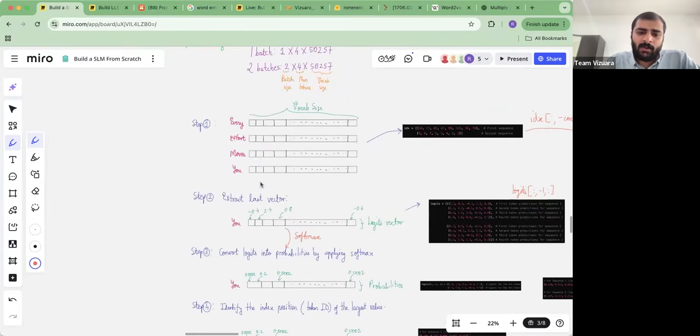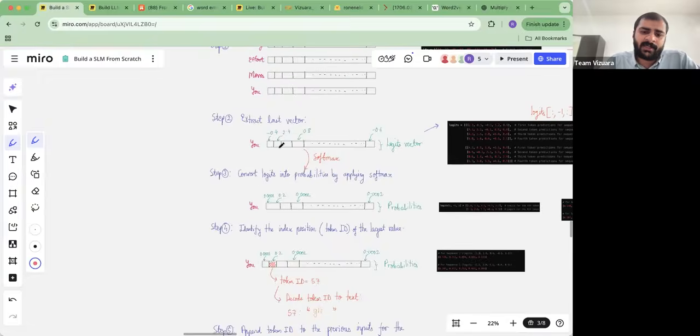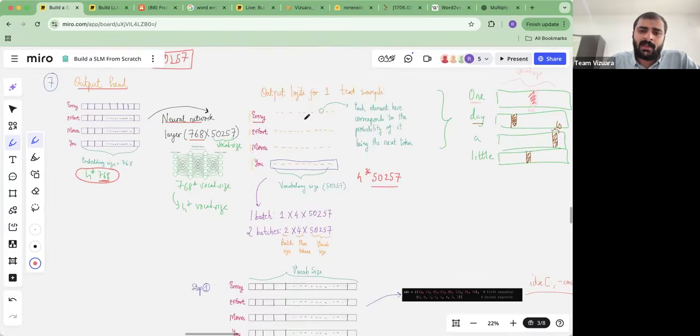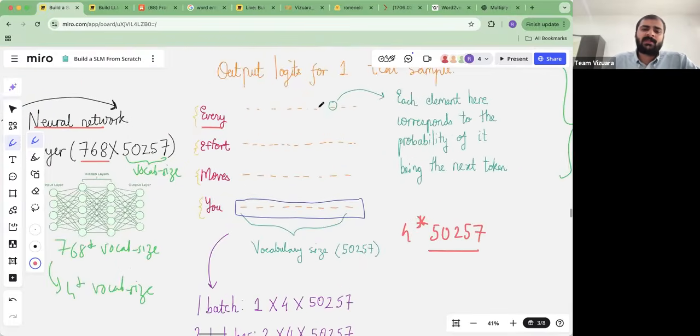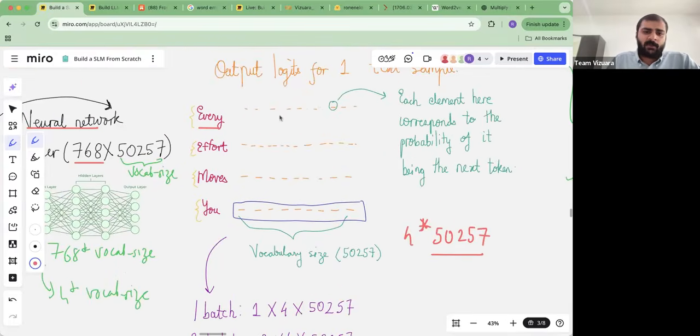And now what we are going to do after this point is going to be very simple. We are going to just apply softmax and convert every row to a row of probabilities. And we are going to look at that token ID which corresponds to the maximum probability.